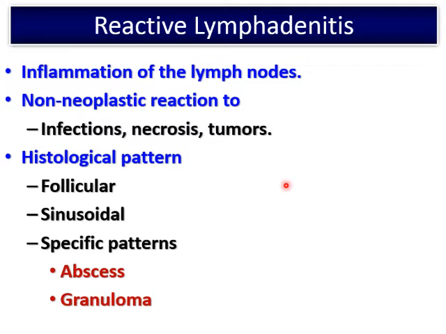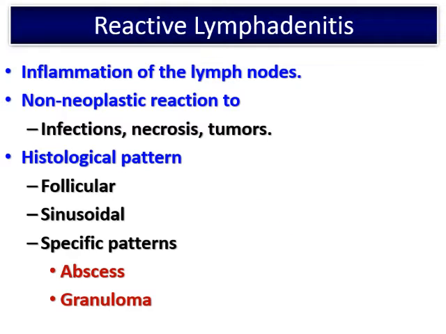Sometimes in case of tumor, we have a lymphocytic infiltrate associated with the tumor. But the most common cause of lymphadenitis is infection. So lymphadenitis means inflammation of lymph node that occurs due to infection.